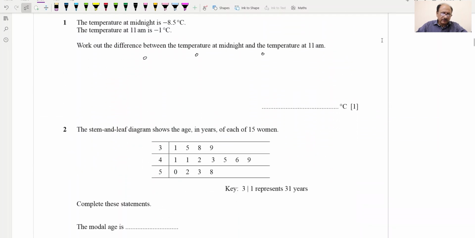Question number 1 says the temperature at midnight is minus 8.5 degrees Celsius.